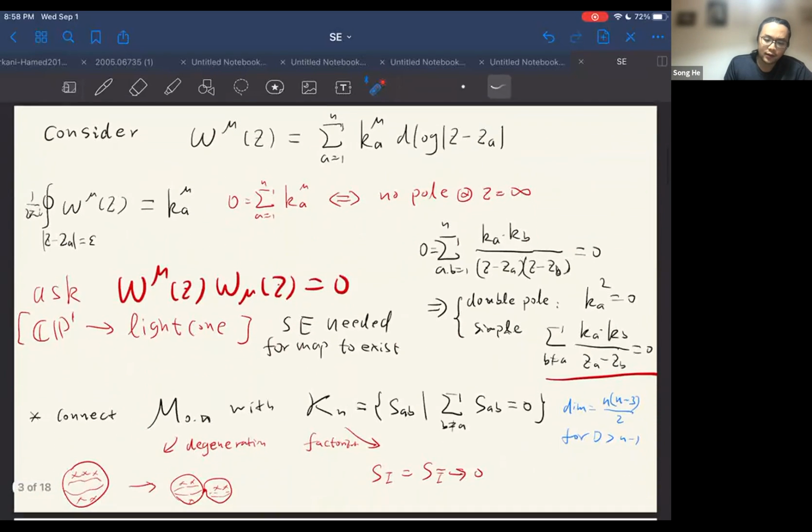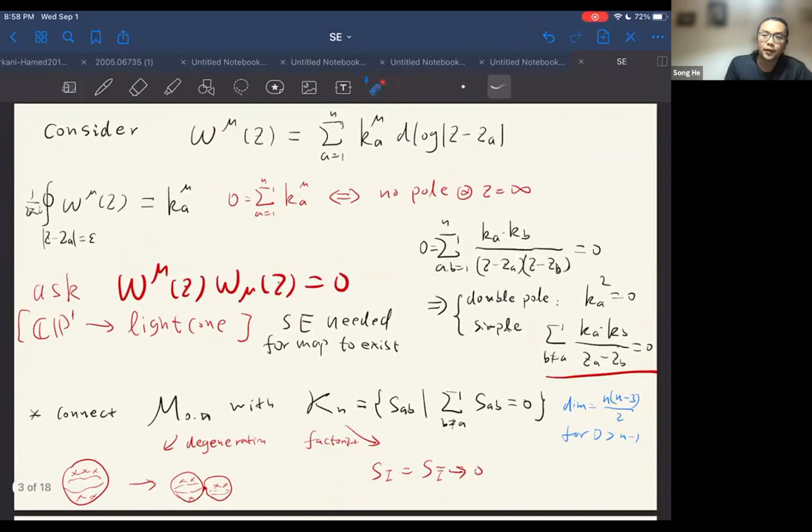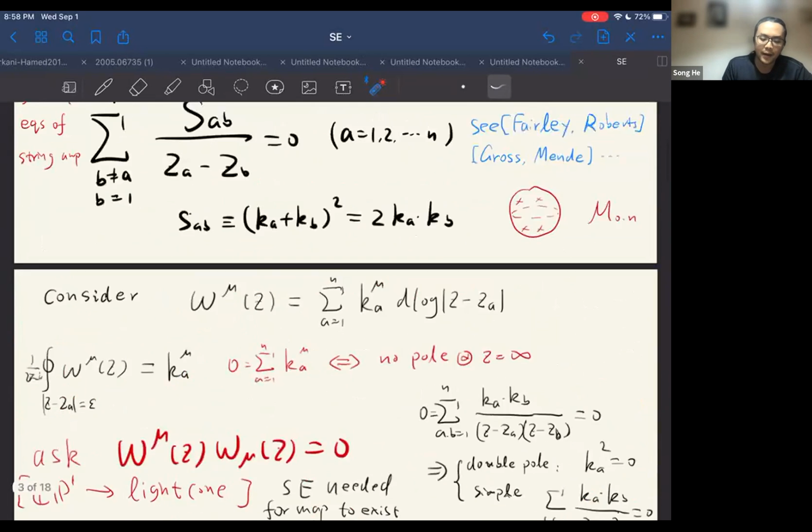Let me remind you how this equation appeared. It was a generalization of what Witten wrote down, and of the work of Roiban, Spradlin, and Volovich, the RSV equations, which work in 4 dimensions in terms of spinor helicity, but are now generalized to general dimension in terms of the Mandelstam variables.